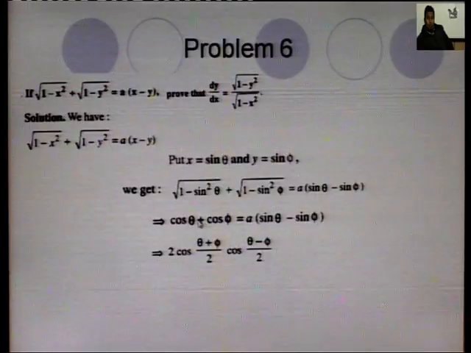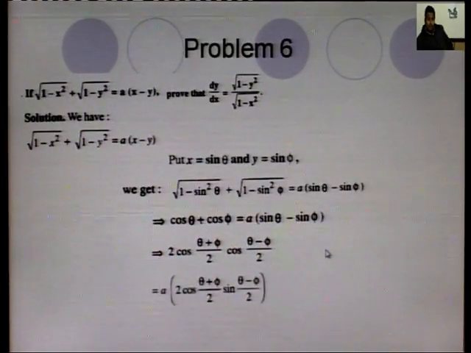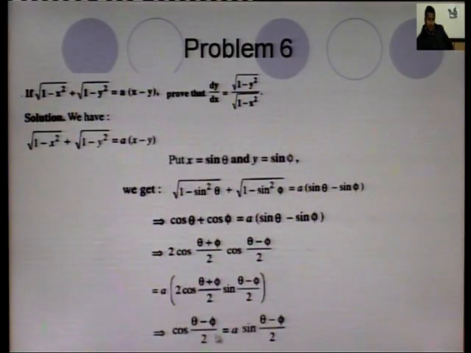Now again using the sum formula, the left side becomes 2 cos of theta plus phi by 2 times cos of theta minus phi by 2, and the right hand side will become a times 2 cos of theta plus phi by 2 times sin of theta minus phi by 2. Now these two terms will cancel out. The only term remaining will be cos of theta minus phi by 2 is equal to a sin of theta minus phi by 2.